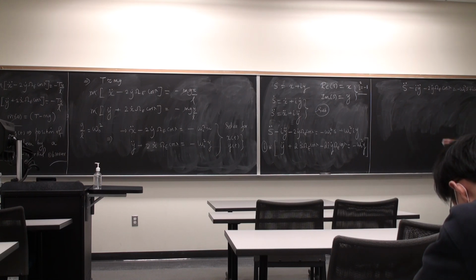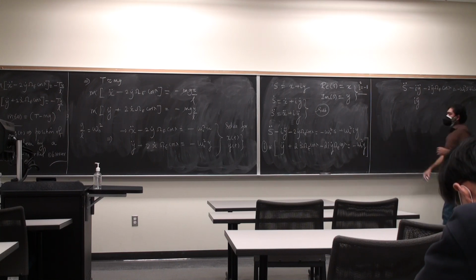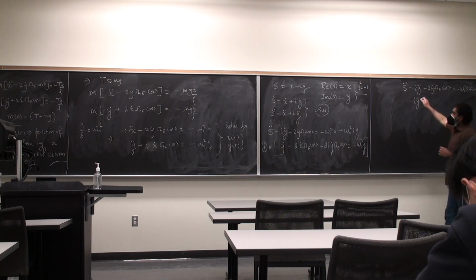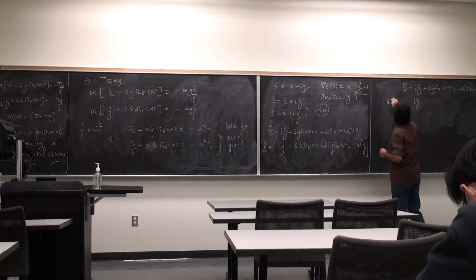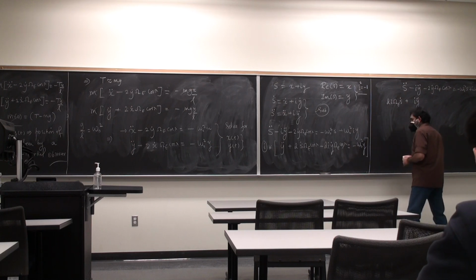Second one, I multiply by i, so i y double dot, then I'm going to have 2i omega_e x dot cosine lambda.